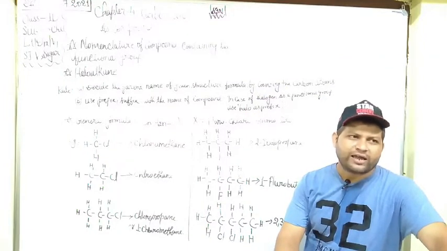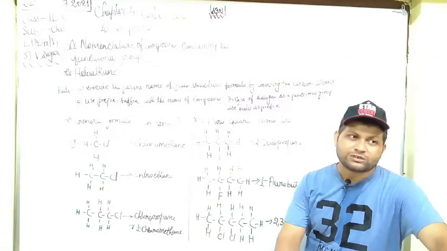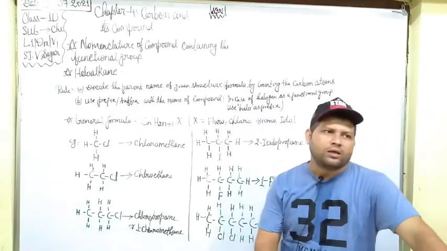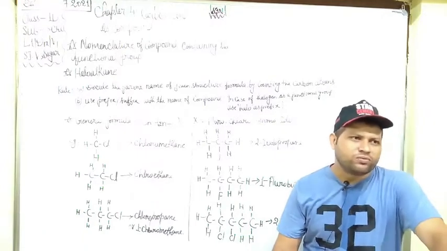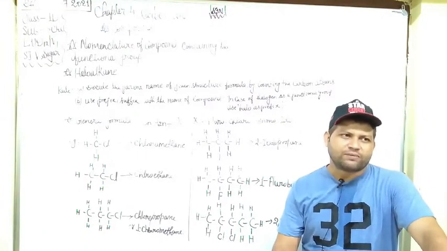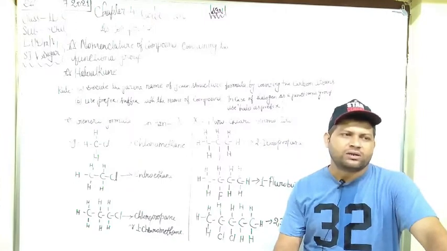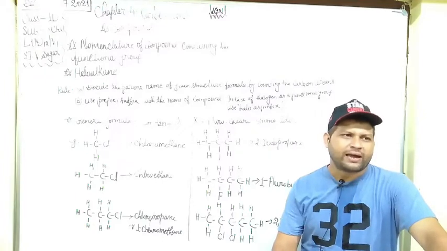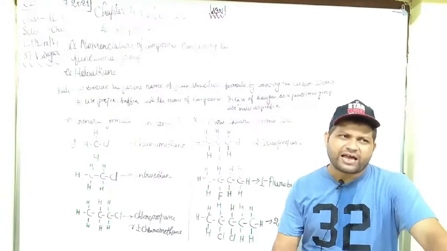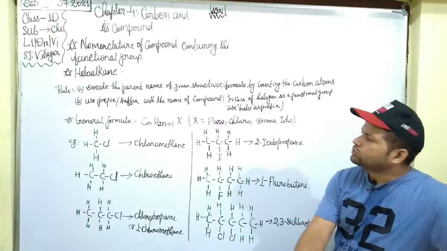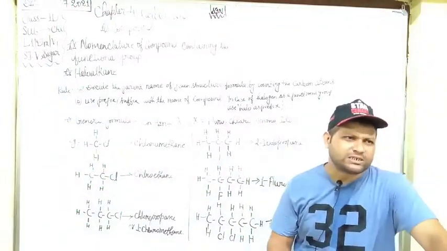Either you add a prefix, in the case of haloalkanes for example, or in the case of phenol or alcohol you use a suffix by replacing the n, using the name of the functional group as its suffix. So you have to understand this.